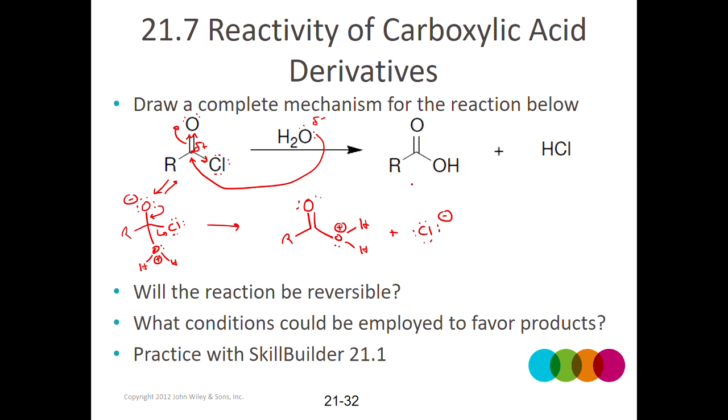So then, to get to the products, the chloride has to act as a base and pick off this proton. And that's how I get HCl. So will this reaction be reversible? Yes. The oxygen here could pick up the proton from the HCl and go back here. The chloride doesn't have to pick up a proton. It could just attack as a nucleophile and go back here. The oxygen could swing in and push the water out, which would go back to the reactants. So this whole thing's reversible.